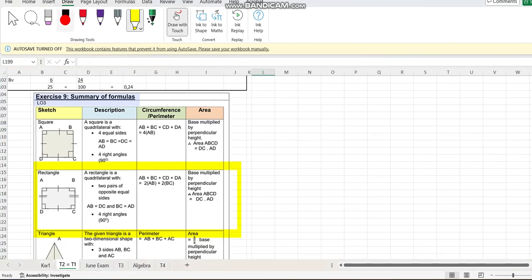So for this test specifically, I want you to concentrate on how to give me the area of just a rectangle. Okay, so the area and the perimeter. If we work with a rectangle, okay, we're not going to concentrate on the perimeter.